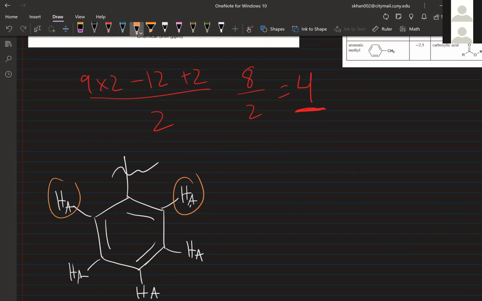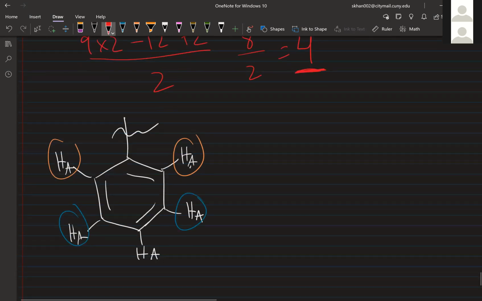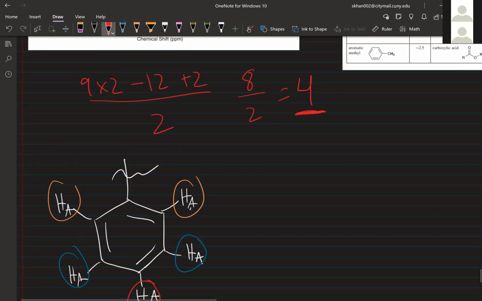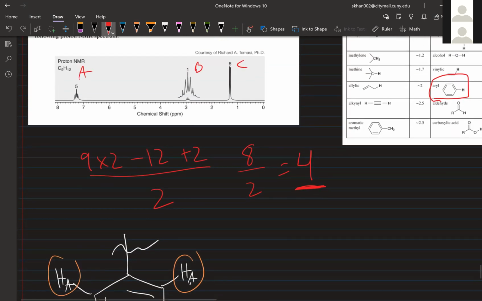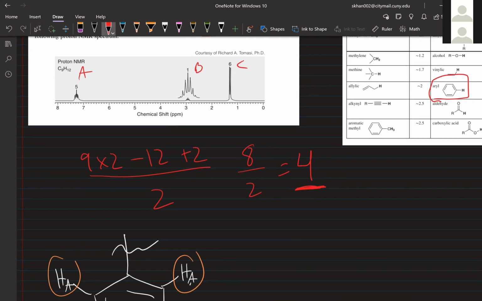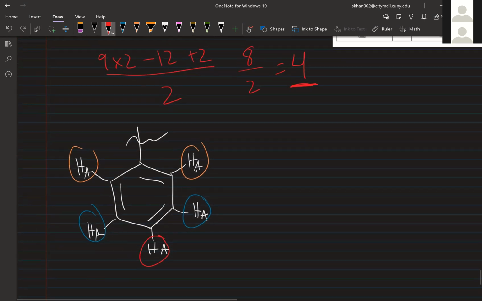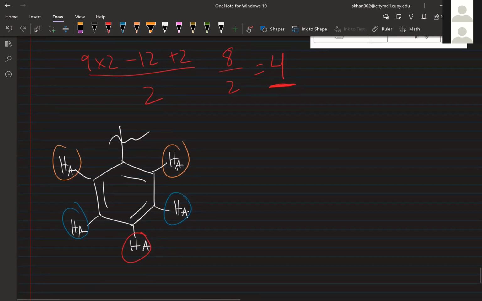I just want you all to understand that these two and these two are technically the only chemically equivalent ones, and then this one, right? But the values are so close that generally when you see aromatic or aryl protons, they'll just form this gigantic multiplet in their range because it's just a small difference. They are chemically unequivalent, but because it's so close, it just jumbles up together when you take an NMR spectrum.